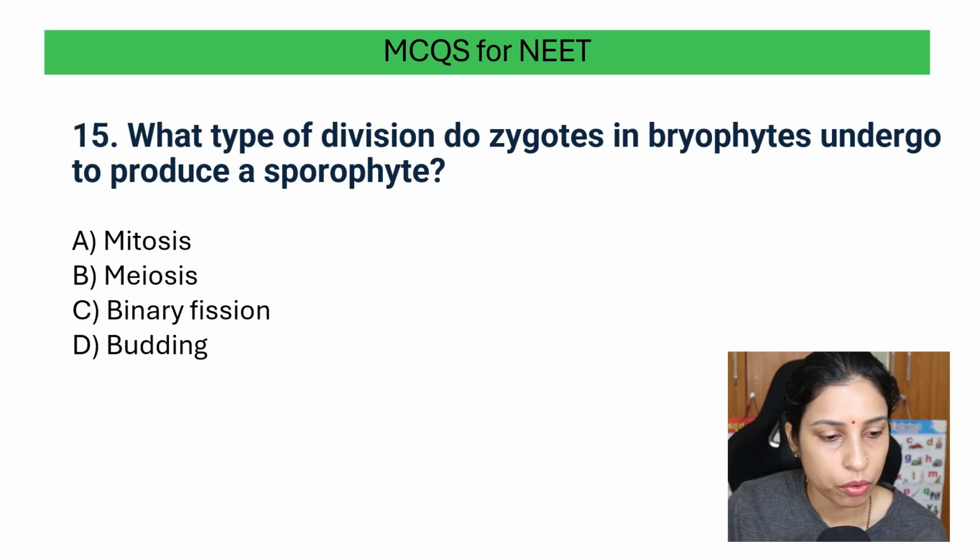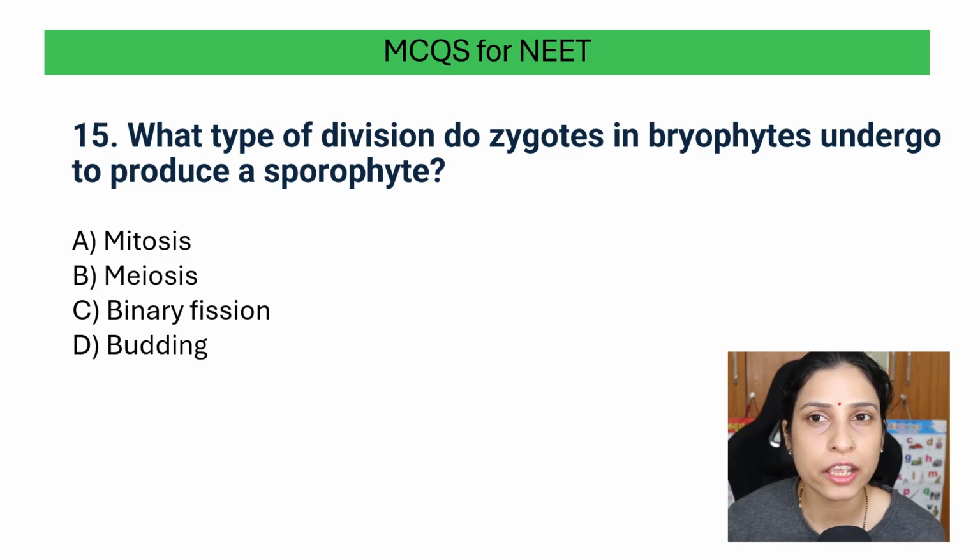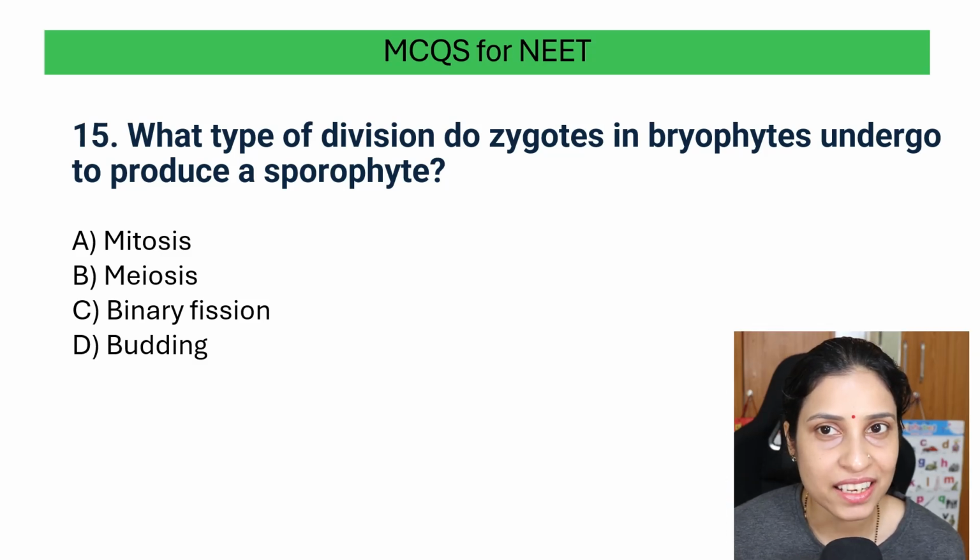Okay. What type of division do zygotes in bryophytes undergo to produce a sporophyte? You must read the question very carefully, because carelessness in reading these kinds of questions will affect your marks.